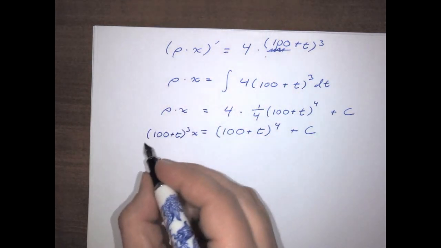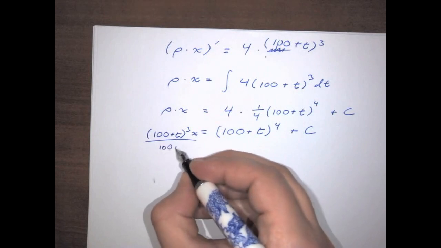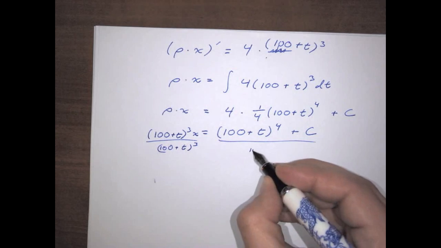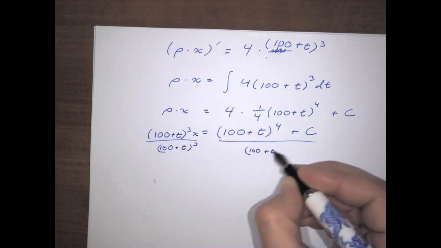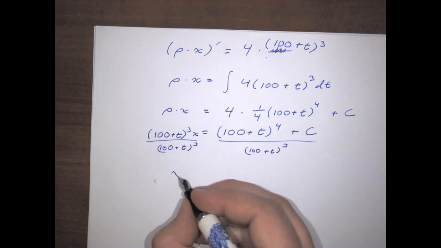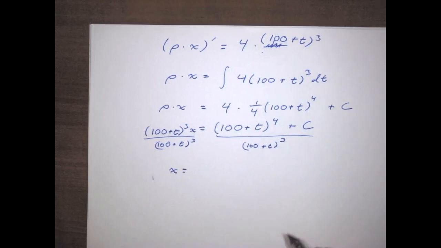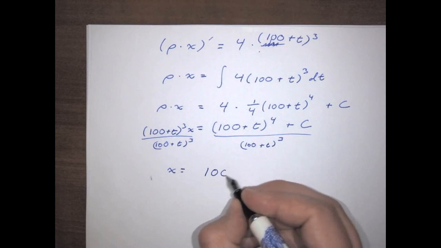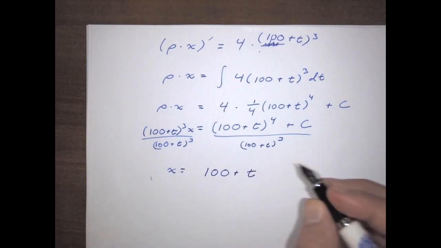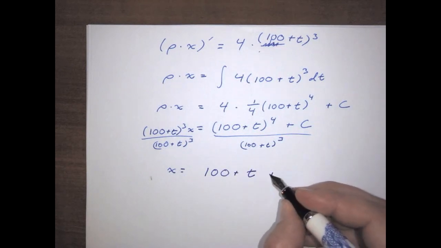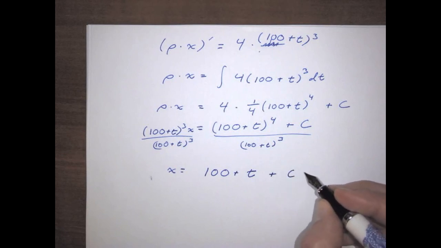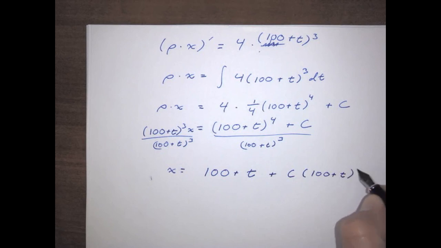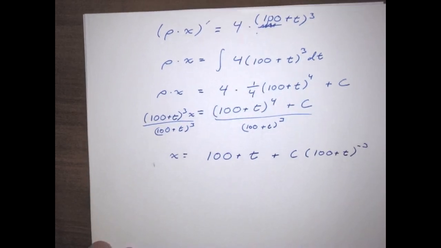And so if I divide both sides by the 100 plus t cubed, then I'll just get an x on the left, and on the right, if I distribute here, is just going to be 100 plus t plus c times 100 plus t to the negative third.